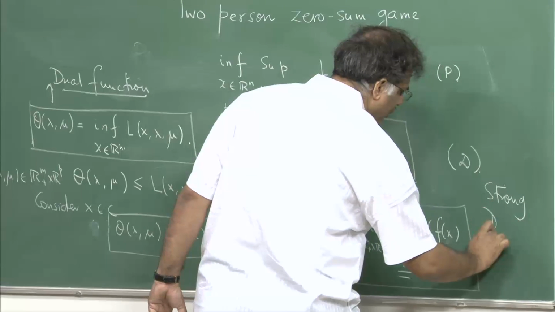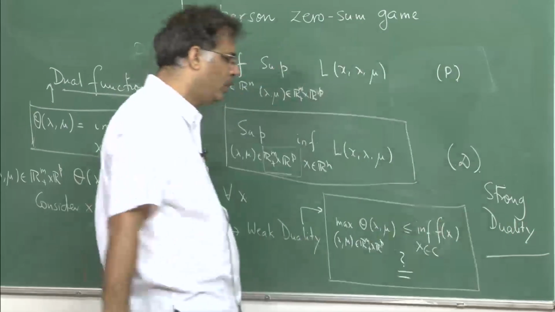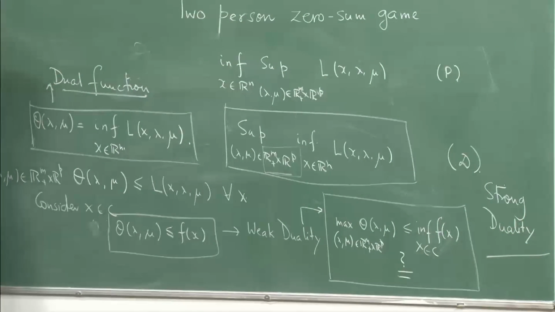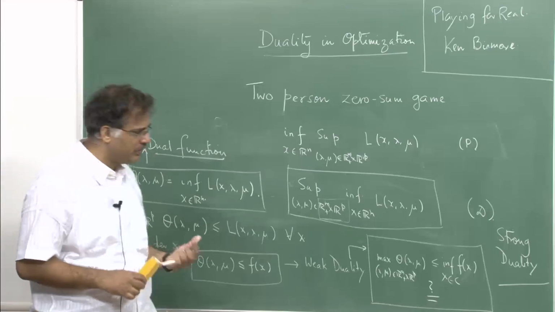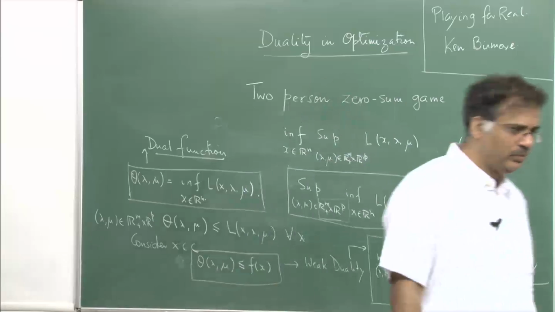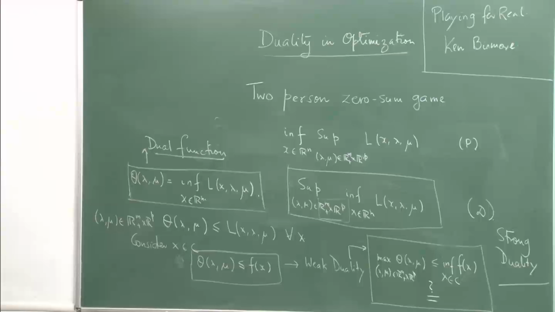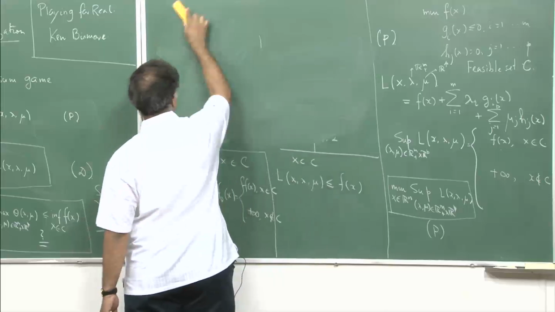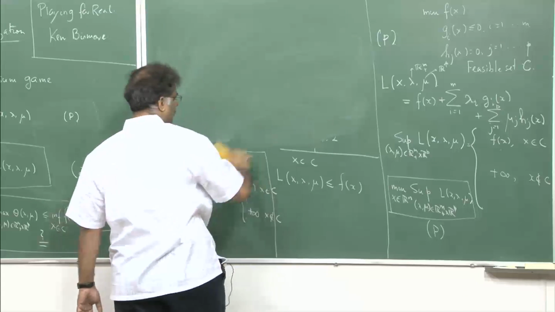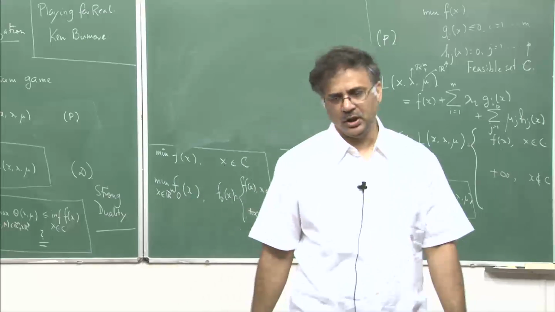So, strong duality is something we need, but before we go in and discuss more about strong duality, we would like to get into some examples, and we will start with some features of the dual function itself. But some of these features would be given to you as homework.